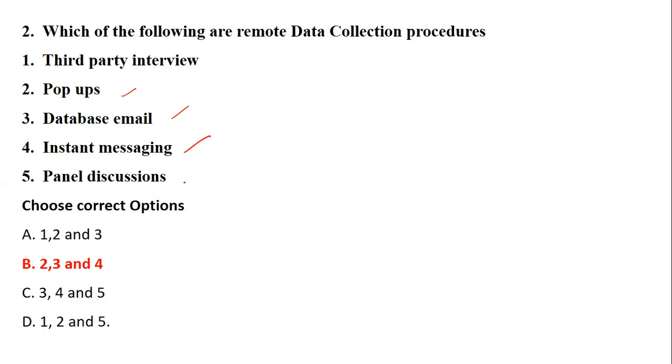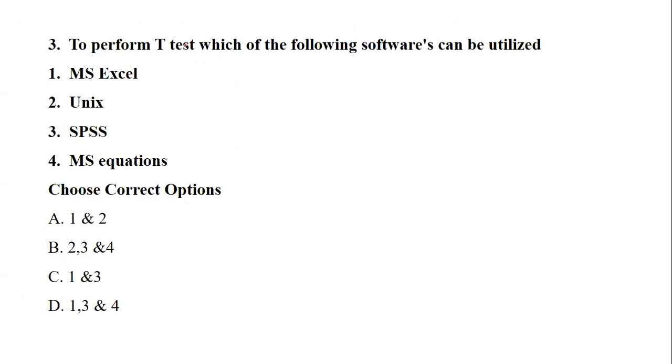Okay, fine. Coming to the next question: to perform a t-test, which of the following software can be utilized? They have given you a list of software: MS Excel, Unix, SPSS, MS Equations.